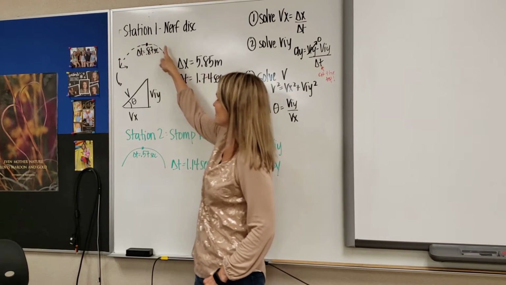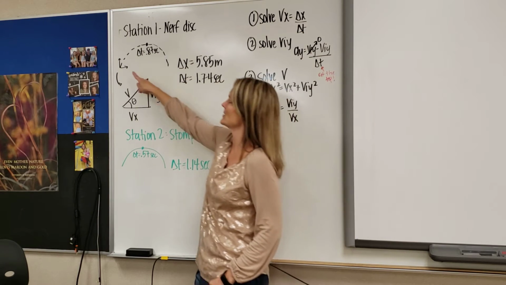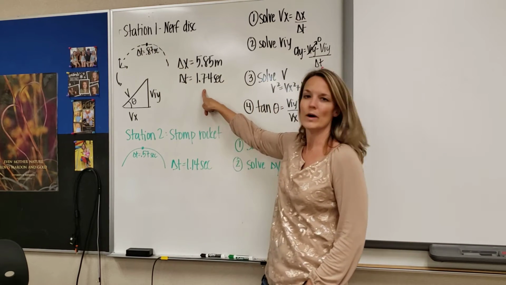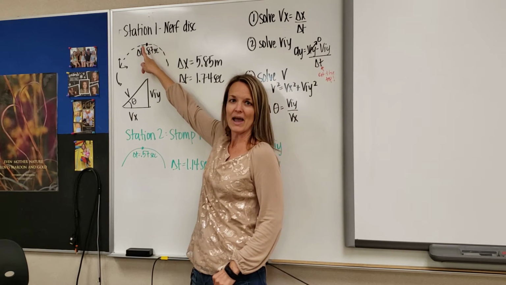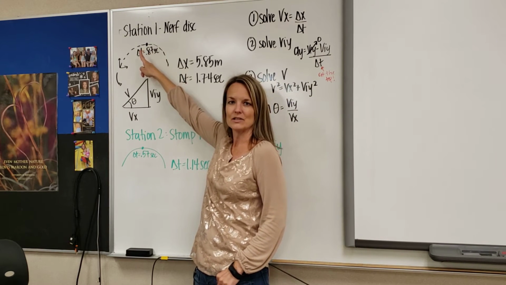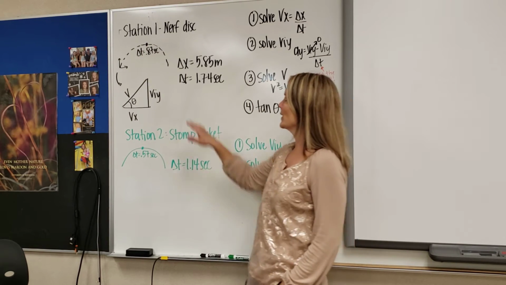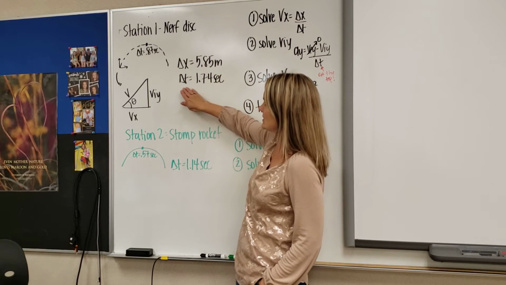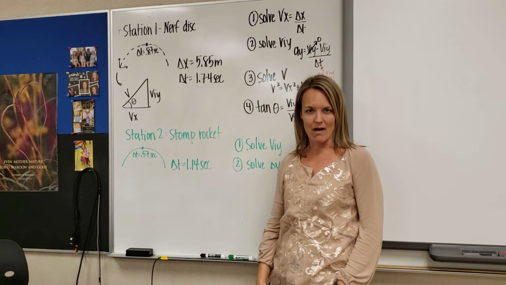That's delta X, the total distance all the way over here. And the total time that it took for it to land was 1.74 seconds. That means the time at the top, halfway there, you just divide by 2, and you end up with 0.87. So we have the total horizontal distance, the total time, and then I cut that time in half, and we have a time at the top as well.